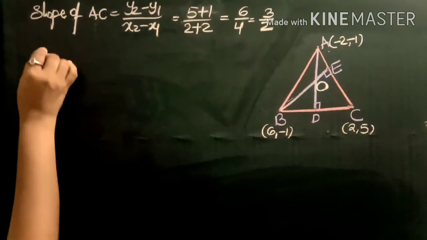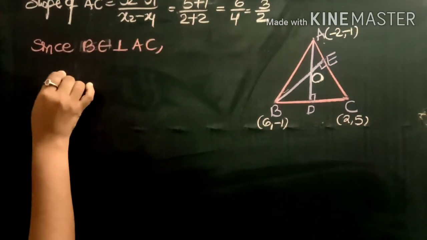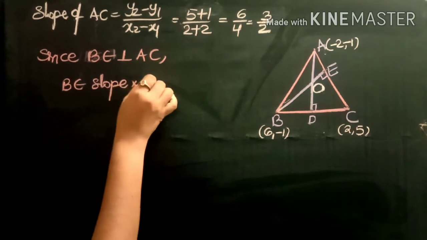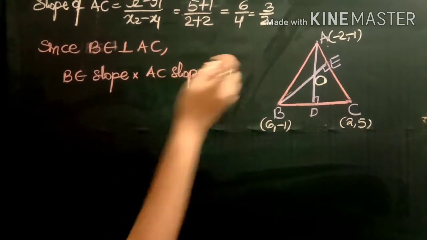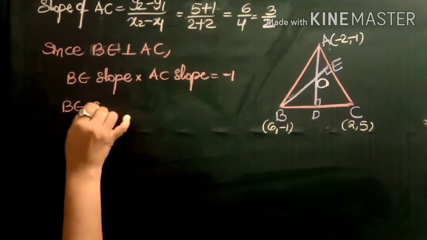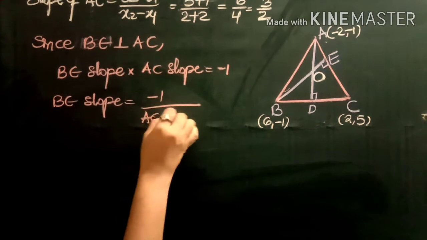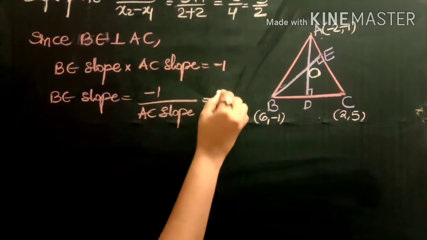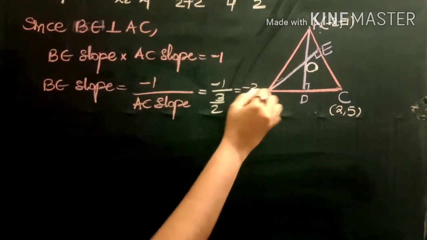And since BE is perpendicular to AC, BE slope into AC slope is equal to minus 1. Therefore, BE slope is equal to minus 1 by AC slope, and that is equal to minus 1 by 3 by 2, which gives a value of minus 2 by 3.